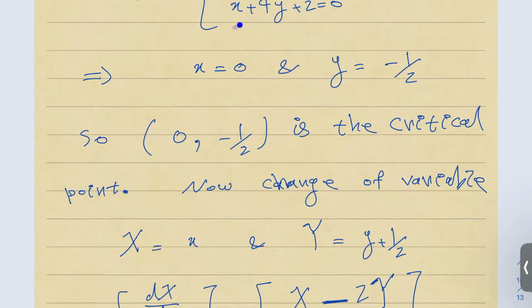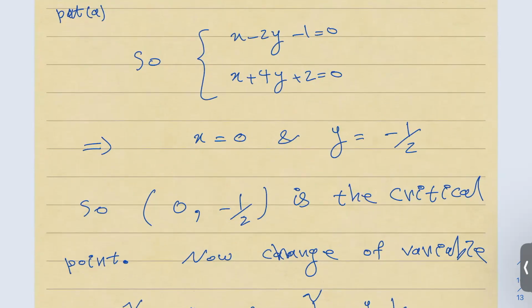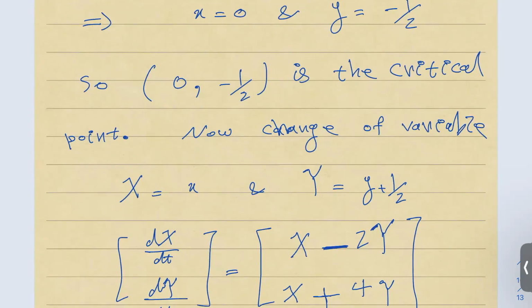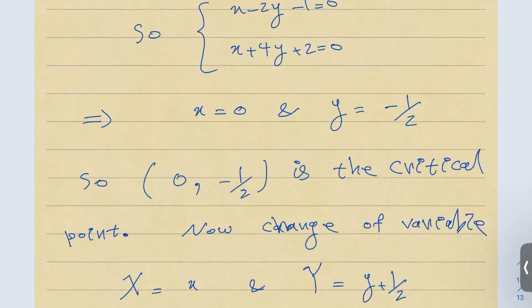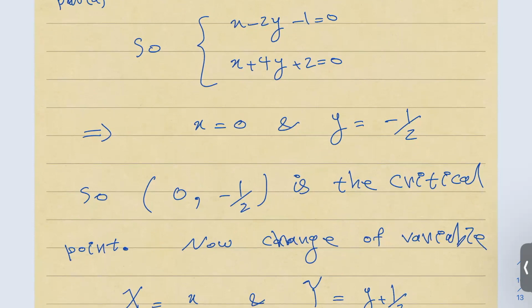For little x, I decided to use capitalized X, or big X. And for little y, minus this minus half, so when it is minus, I choose capitalized Y to be y plus half. If this is plus, I will write this one as minus. Why do I do this?